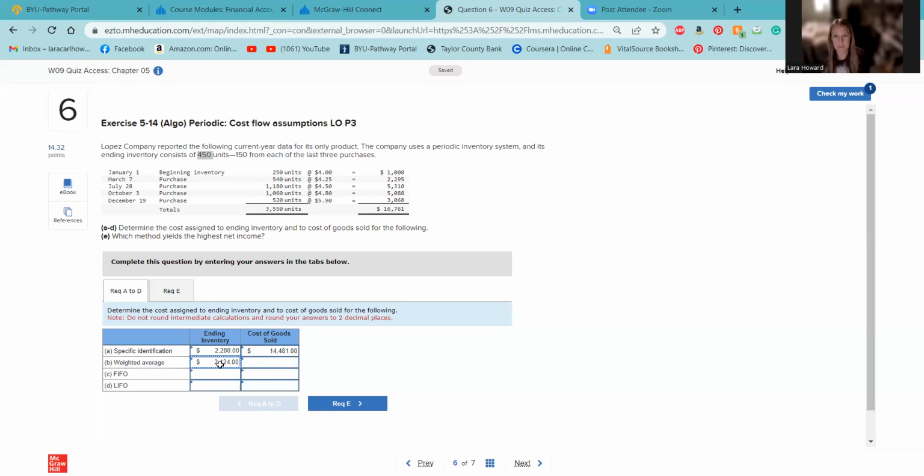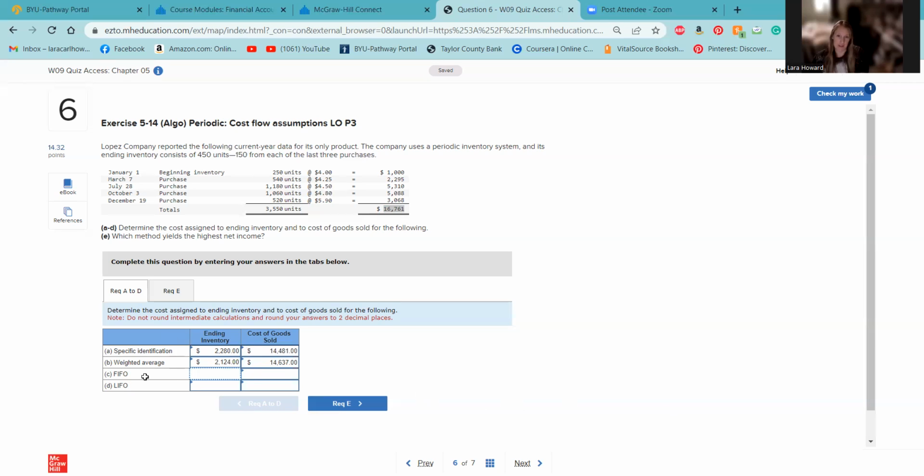Then to get the cost of goods sold, we do the same thing. We take this amount here and subtract the ending inventory from it, and that amount ends up being 14,637.